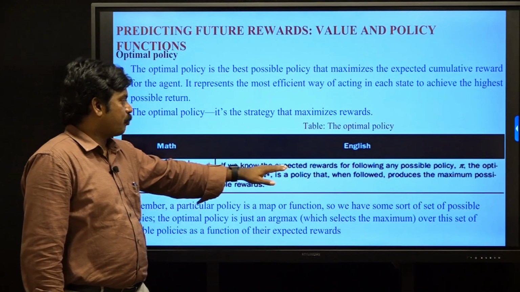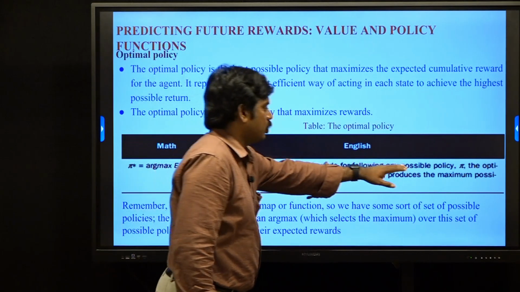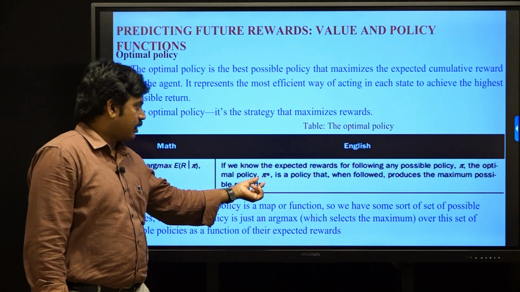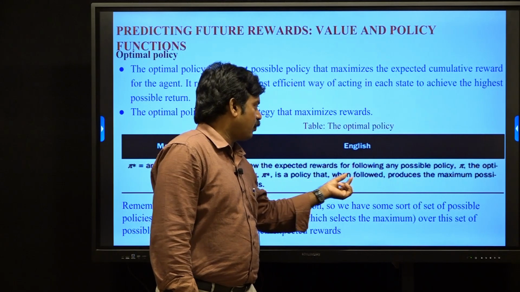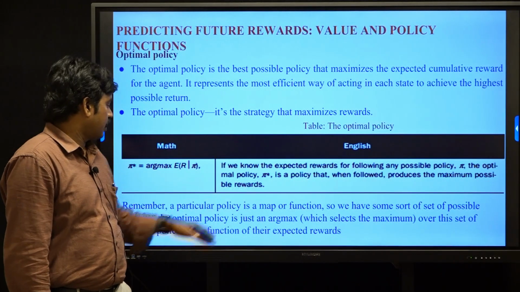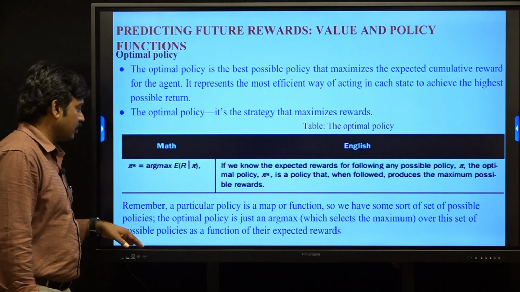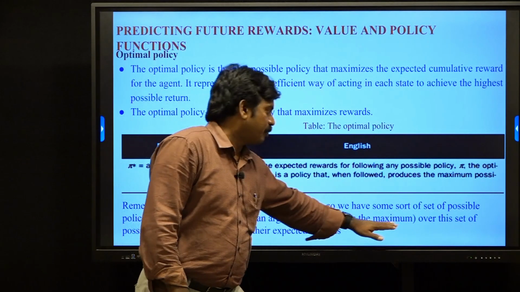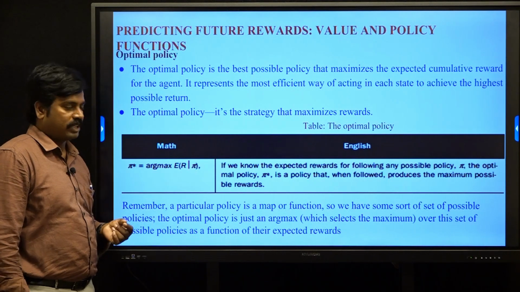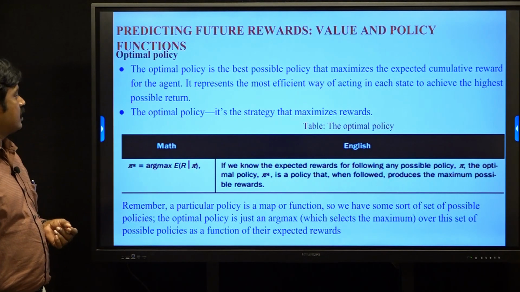If we know the expected reward for following any possible policy pi, the optimal policy pi star is the policy that, when followed, produces the maximum possible rewards. Here argmax selects the maximum value of the rewards of the policy. So the optimal policy gives the strategy that maximizes rewards.